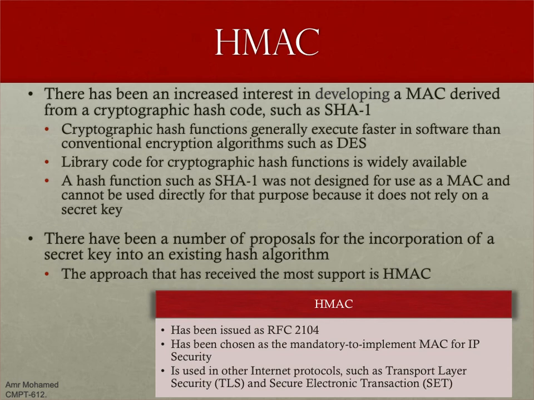Library code for cryptographic hash functions is very widely available, starting from MD4 and MD5 and coming through SHA1 and SHA2. There are very efficient software libraries that are very widely available, and we can use them.